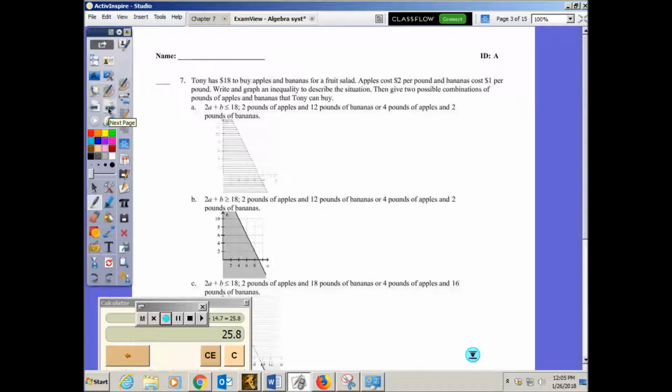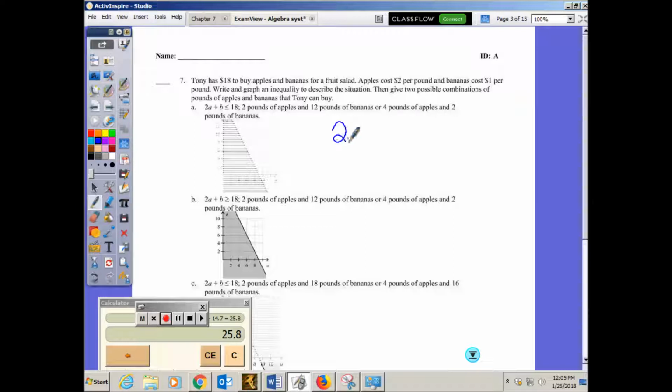Okay? Here we have another problem. Tony has $18 to buy apples and bananas for a fruit salad. Apples cost $2 per pound and bananas cost $1 per pound. So let's think about this.